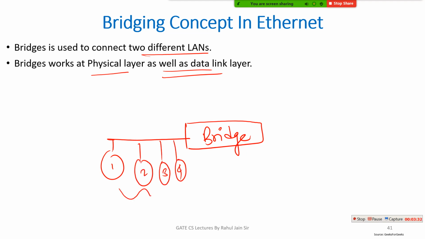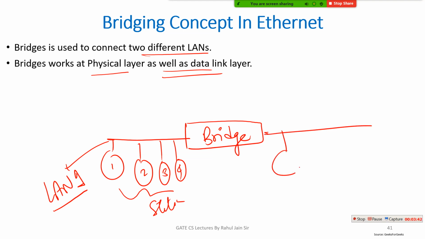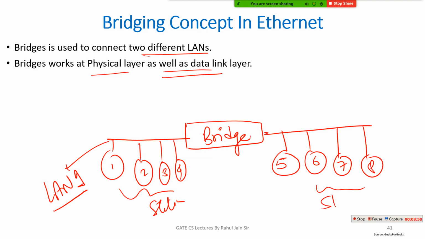You can term it LAN 1. On LAN 1 I have four stations. On another LAN I have 5, 6, 7 and 8. They are further my stations, and you can term it LAN 2.